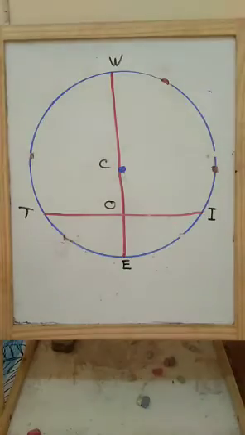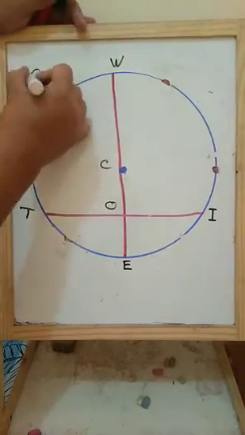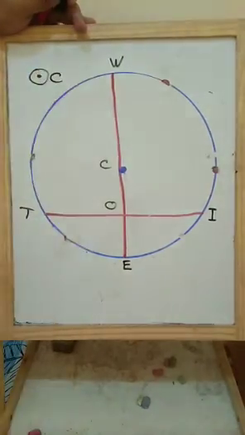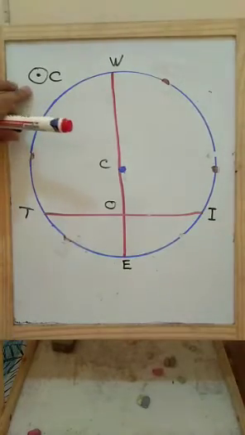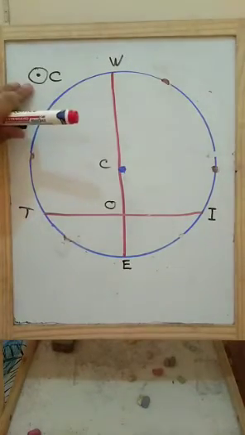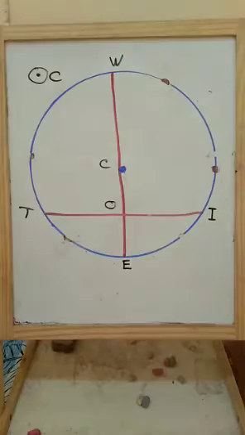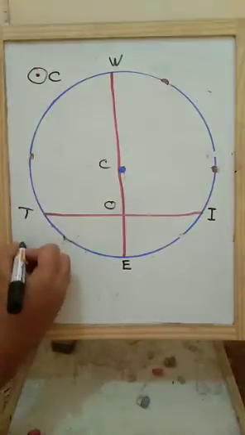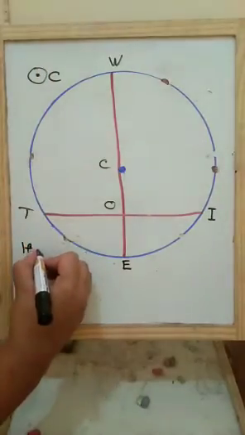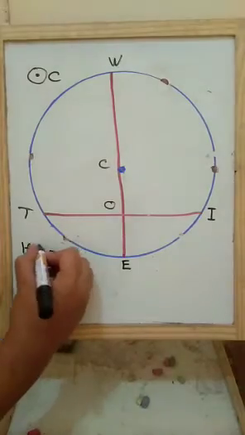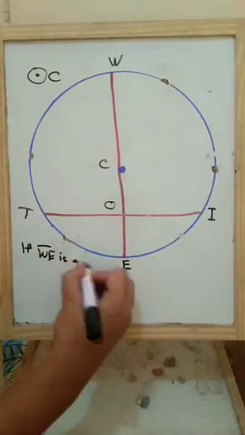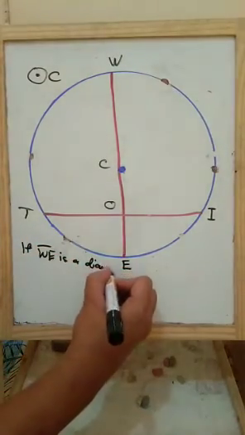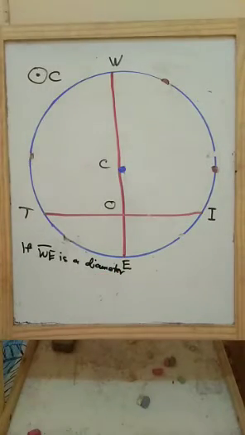So let's name this as circle C, indicating that your center here is at point C. Obviously, segment WE is your diameter.